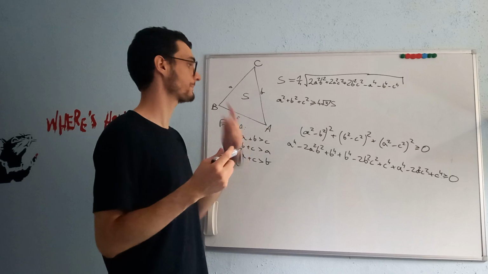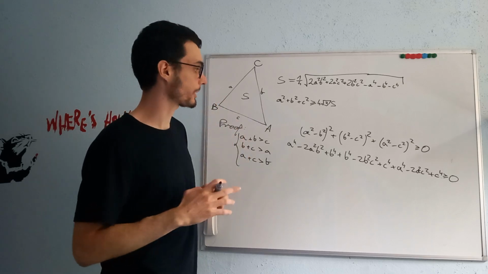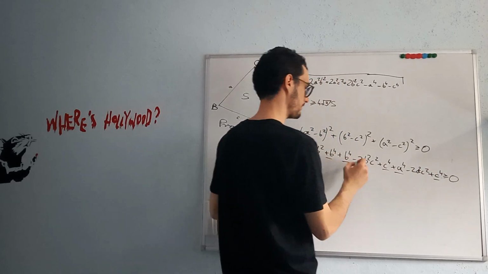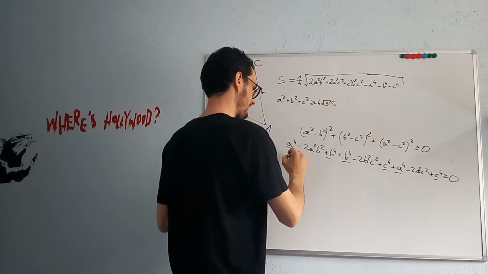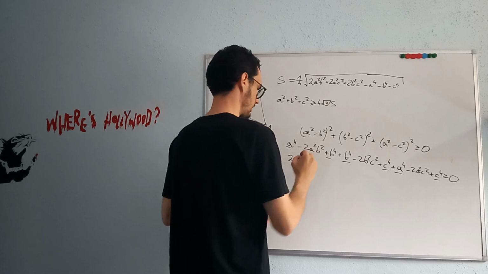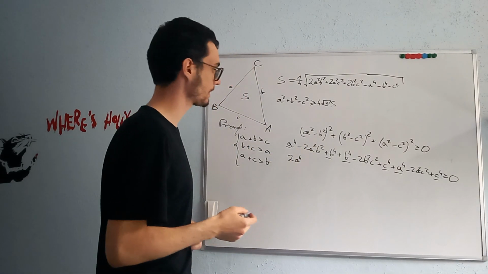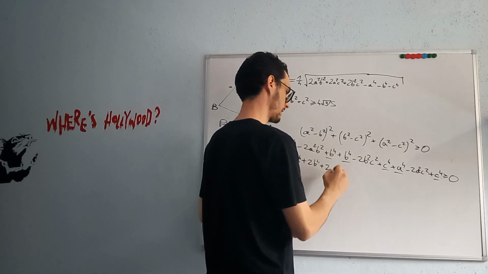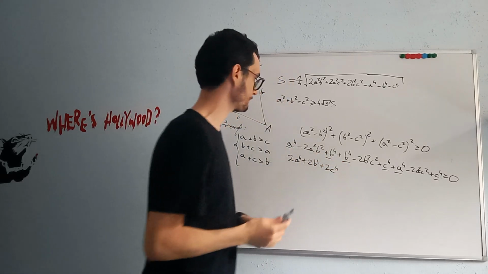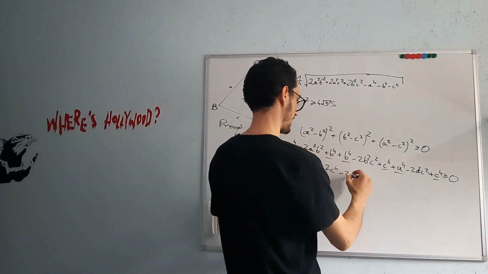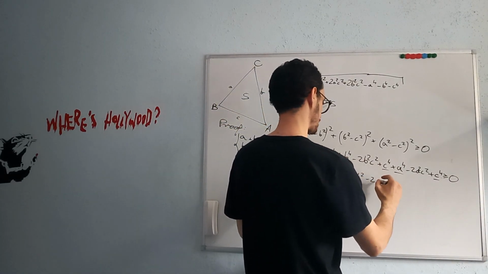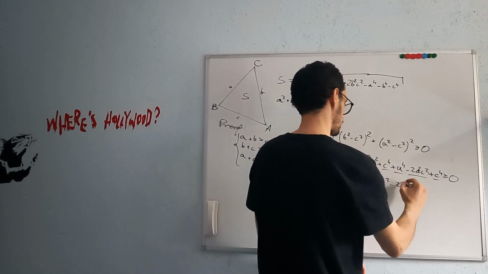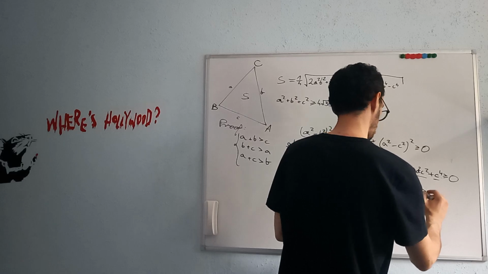Okay, so now let's add up the similar monomials, which are a to the power of 4, c to the power of 4, and b to the power of 4. We got 2 times a to the power of 4 plus 2 times b to the power of 4 plus 2 c to the power of 4, and minus 2a squared b squared minus 2a squared c squared minus 2b squared c squared.